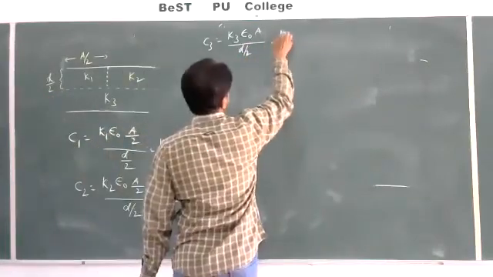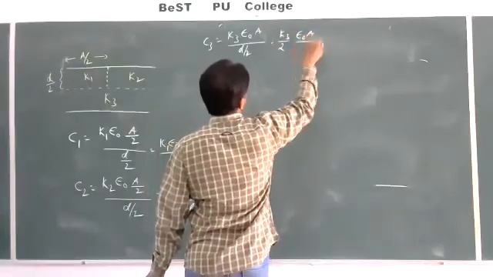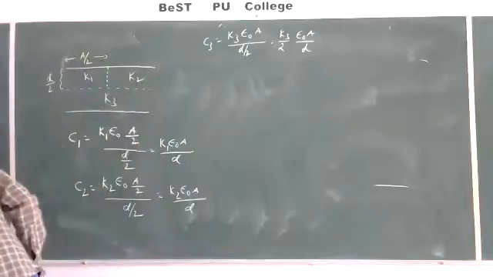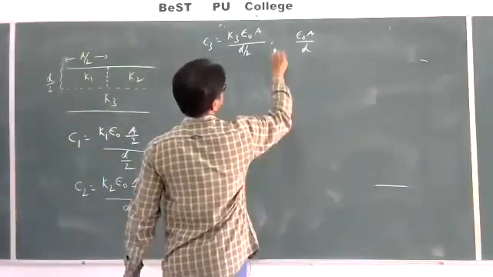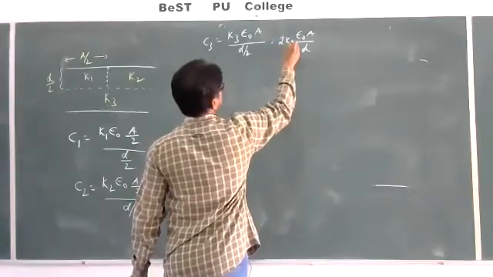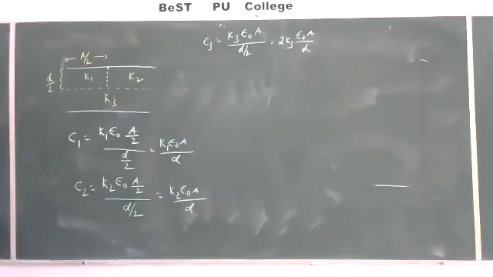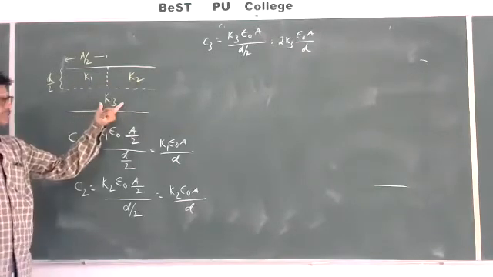Which is equal to 2K3 epsilon naught A by D. Like that, we got the capacitances of all three capacitors now.